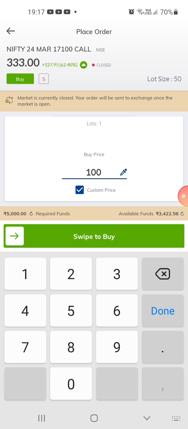This is about 5,000. If you put in 333, it's about 16,650, and if you remove 70% of this, it's about 5,000, so it's 100.